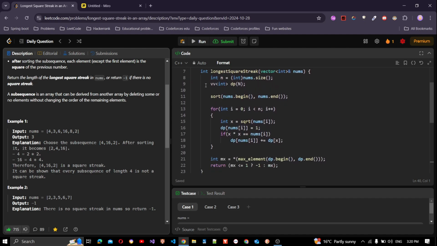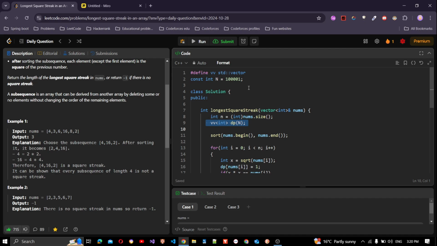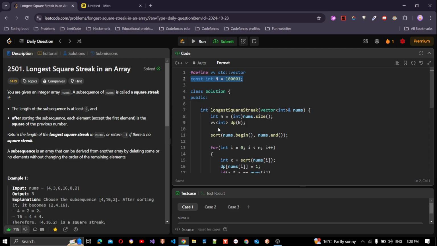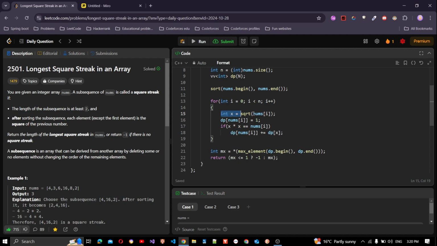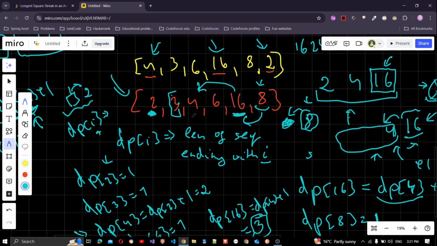So I have a dp array of size n. N is at most 10 to the 5th. And yeah, I sorted in increasing order. And then I get x. And dp of nums i will always be at least 1.